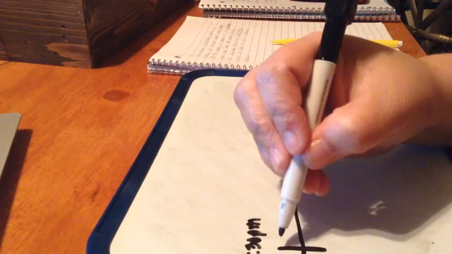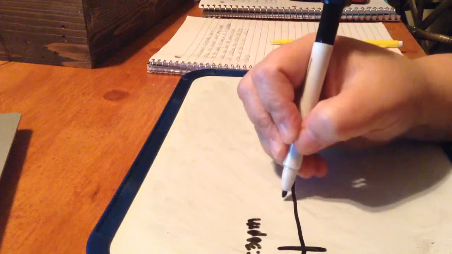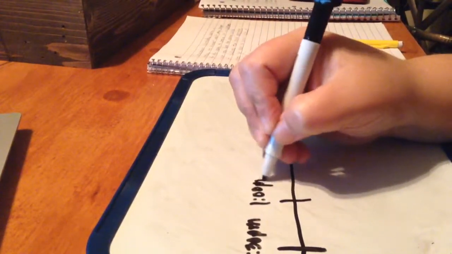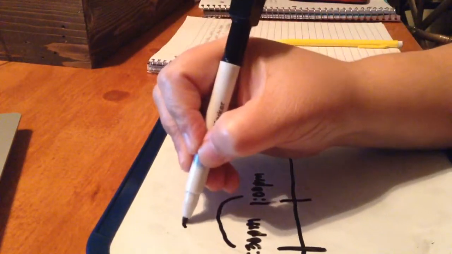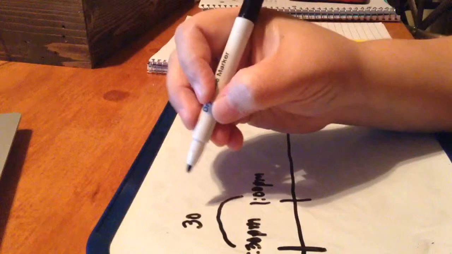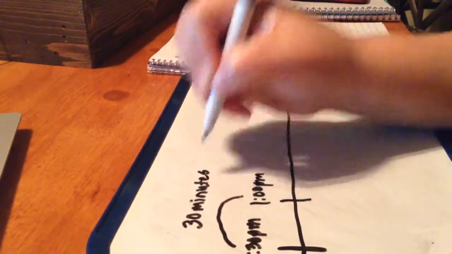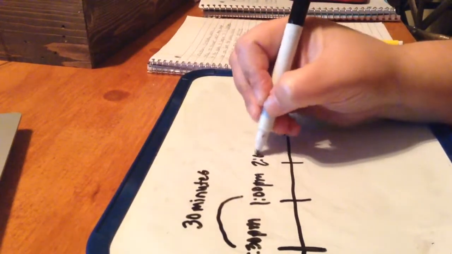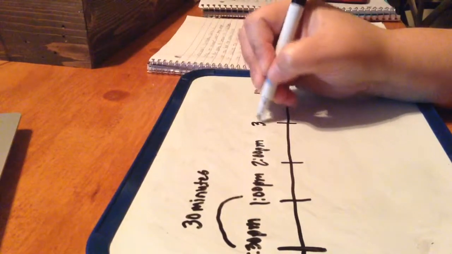So from this 12:30, we want to go to 1 o'clock to make it an even number. So from here to here is 30 minutes. Then what's after 1? 2. So 2 o'clock. Then after 2 is 3 o'clock.